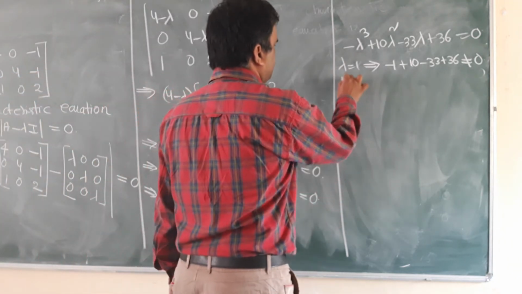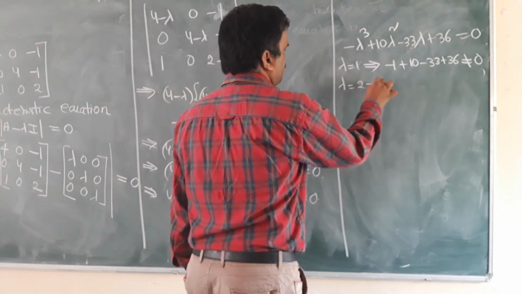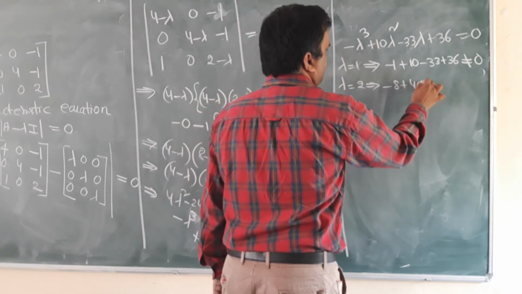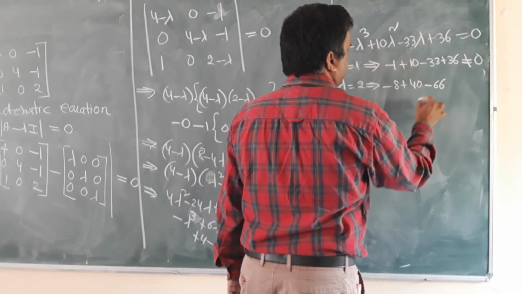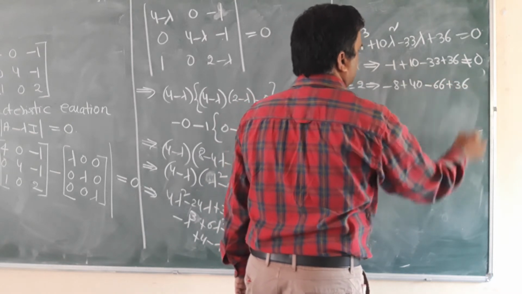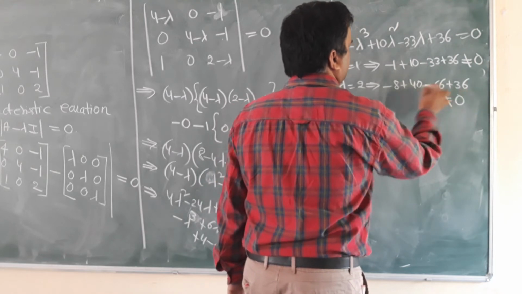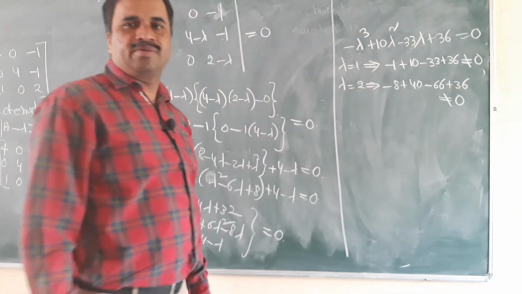Assume lambda equal to 2: minus 8, 40 minus 66 plus 36, that is 14, and here also you are not getting 0.